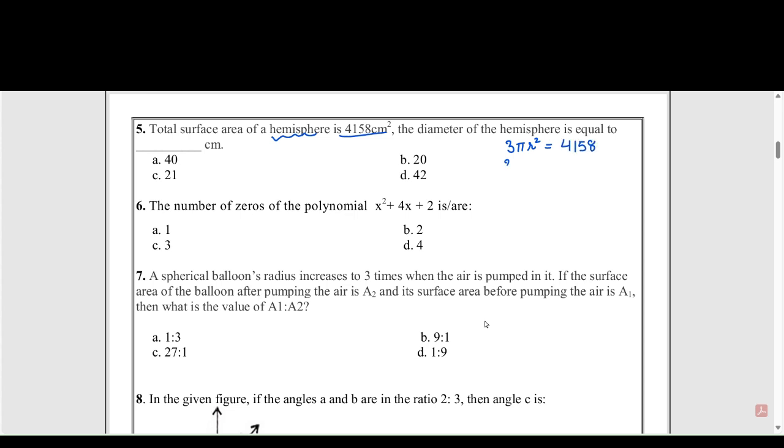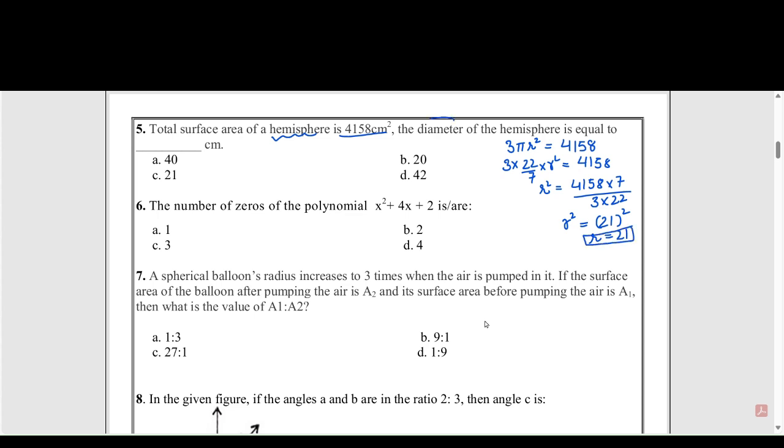Now substitute the value, 3 into 22 by 7, r square equals 4158, send it to other side, 4158 into 7 upon 3 into 22. Once you solve this, you will get r square is equal to 21 square, hence r is equal to 21.